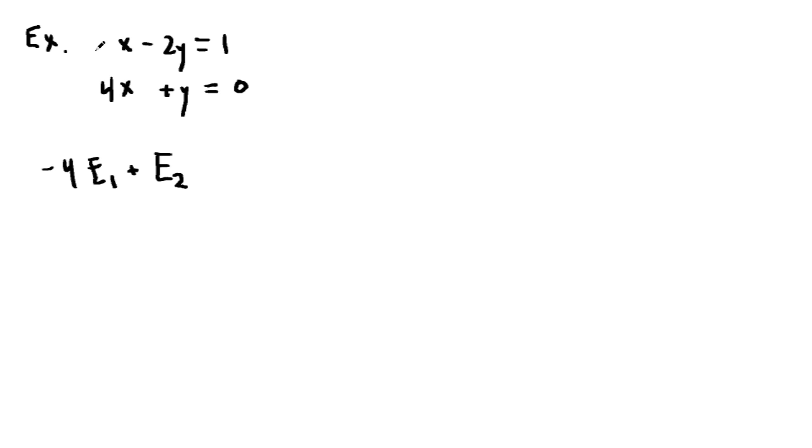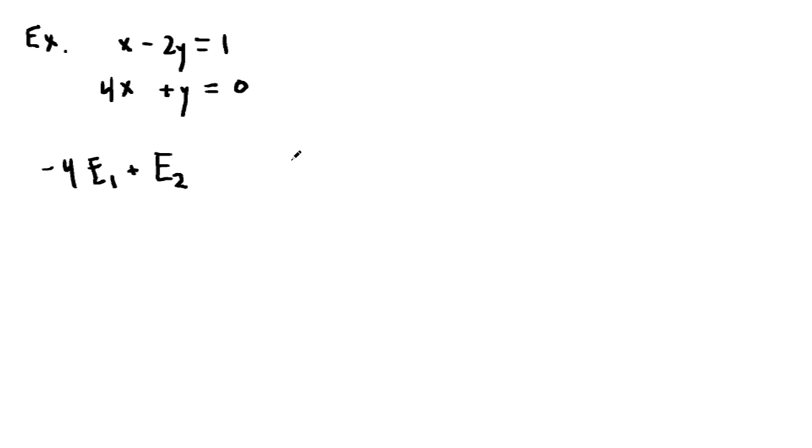If you multiply the first equation by -4, this part will become -4x. That will add with this 4x in the second equation and give you 0x. That will cancel out the x variable.